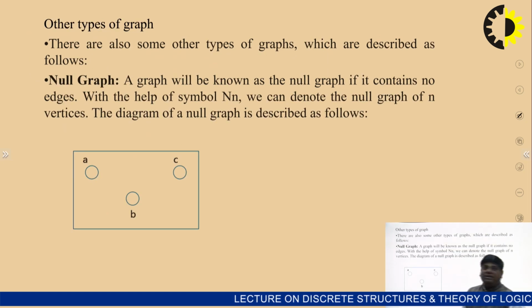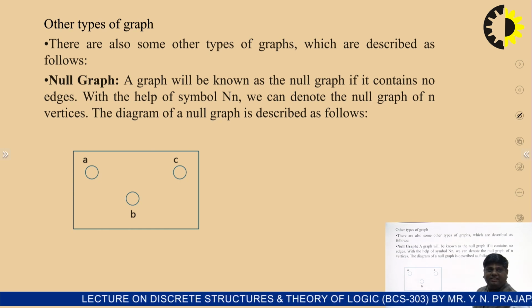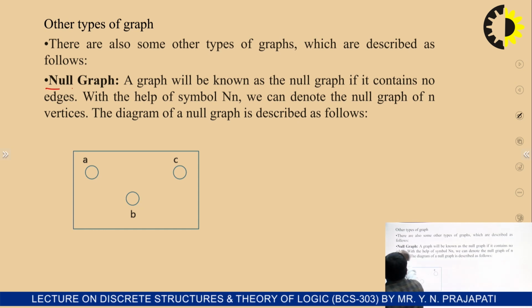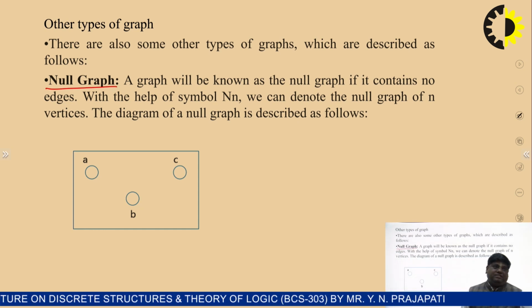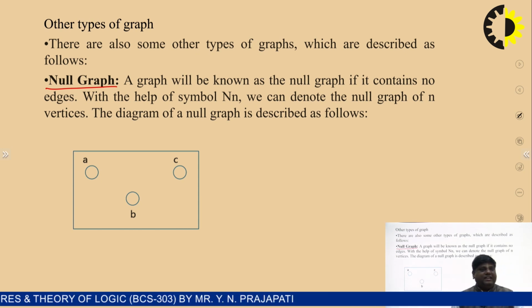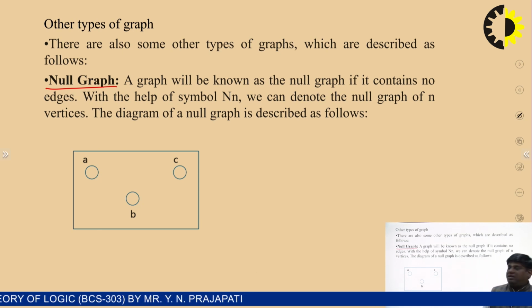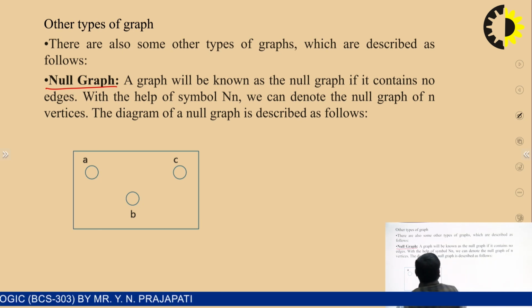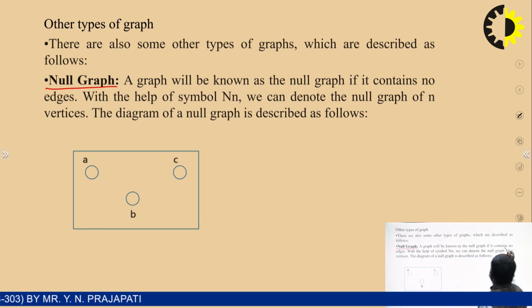Now let us move on to another example of a graph, known as the null graph. In a null graph, nodes are given but no edges are given, and that type of graph is known as the null graph.